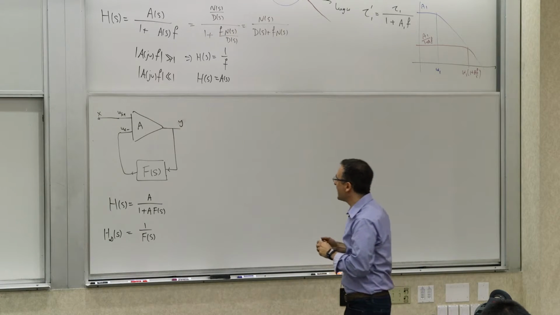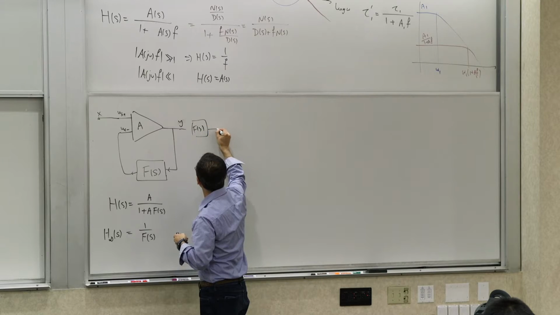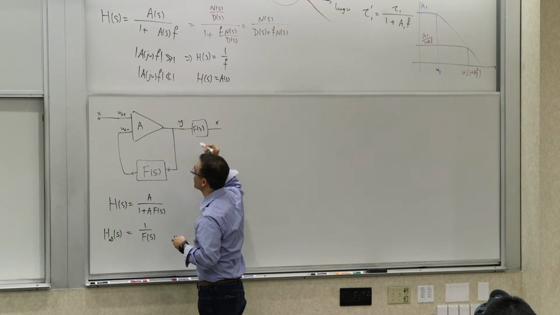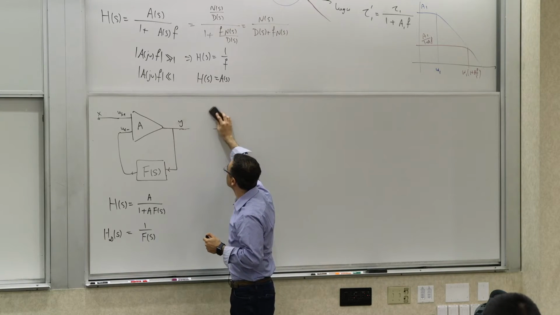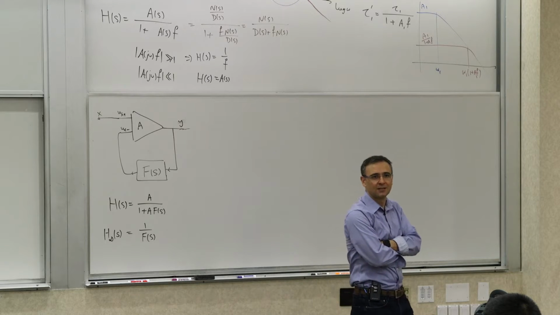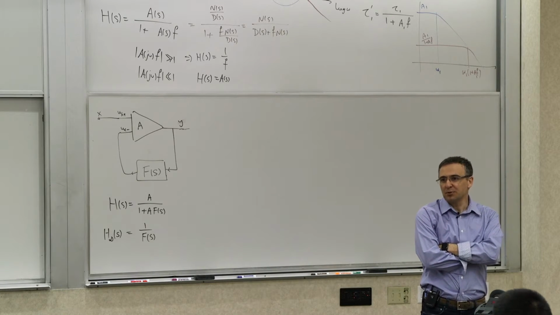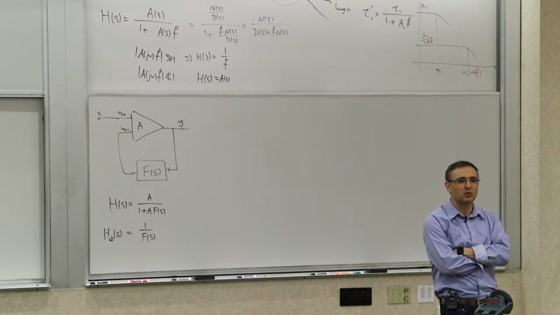Meaning that if I take this and feed it to f of s, another f of s, I'll get x back. So I can actually invert a transfer function this way. And this is a pretty useful quality. If you have a transfer function and you want to create its inverse, one of the ways to do it is using feedback.